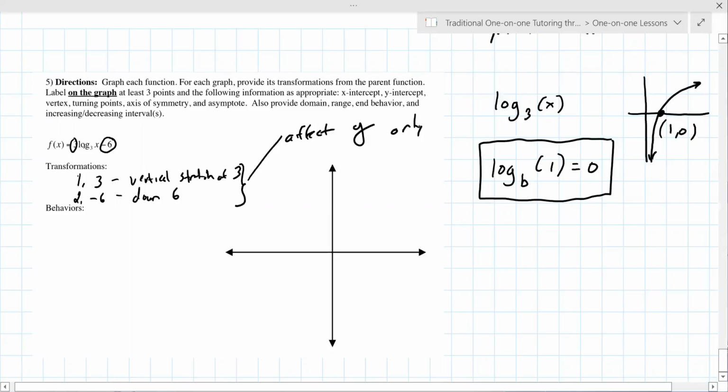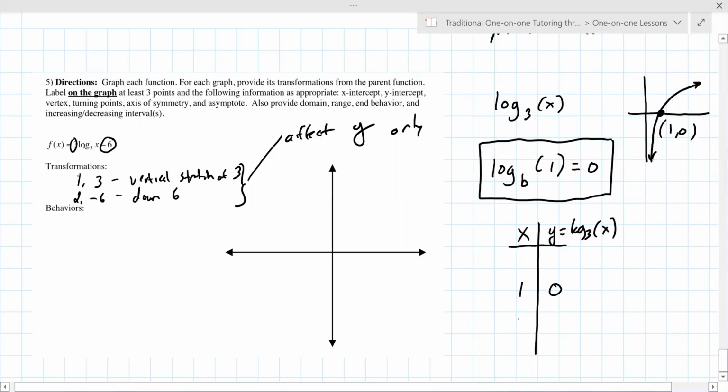The reason that matters is if you knew the parent function, y equals log base 3 of x, you could use these to just manipulate the table. I already mentioned one point: when x is 1, y is 0.